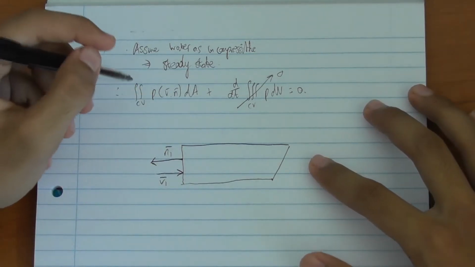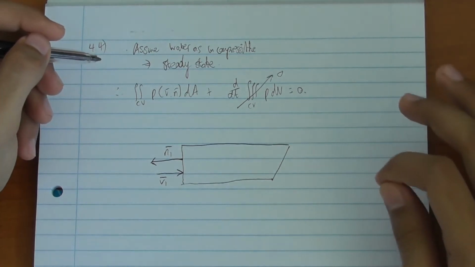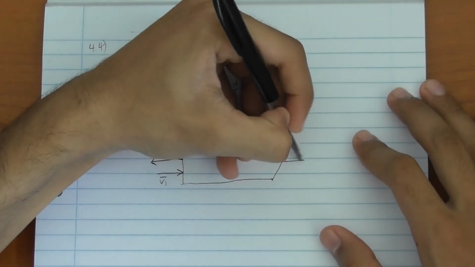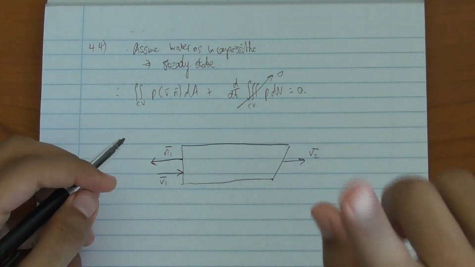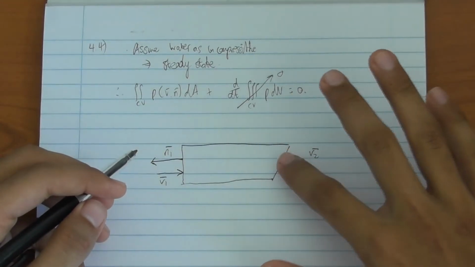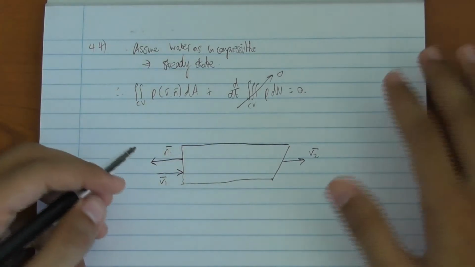On the exit side, however, they tell you that the mean velocity of the discharging water remains horizontal. So that means that the velocity will still be this way despite the angle. Now, however, remember that your normal vector is always perpendicular to and away from the surface of the control volume.